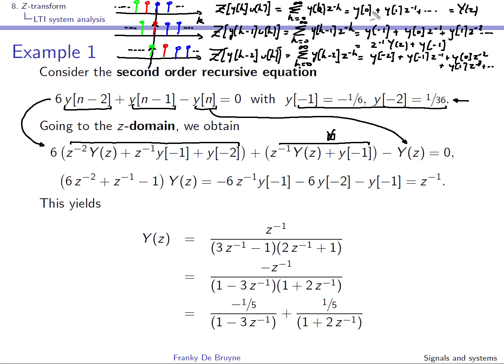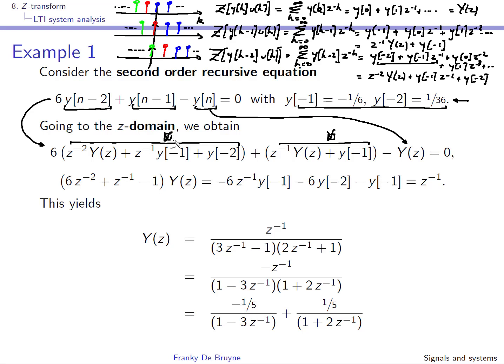If you compare with what is above, this is z^-2 Y(z), and we have to add these two terms, y(-1) z^-1 plus y(-2), and this is exactly what you've got over here.